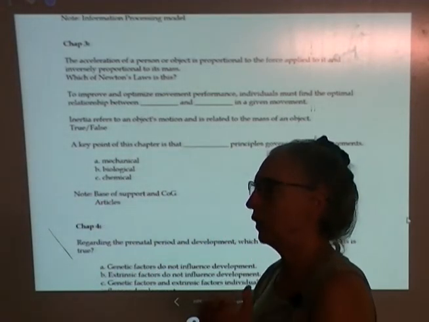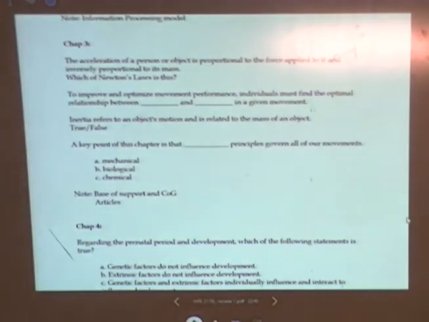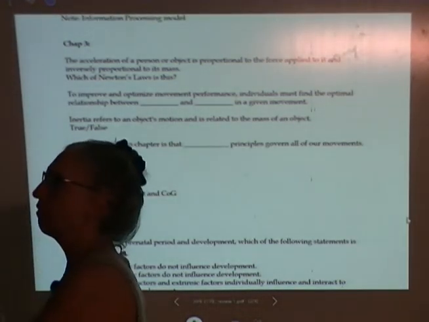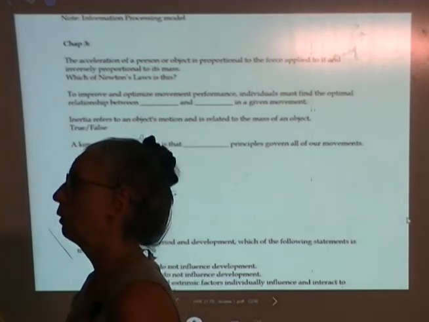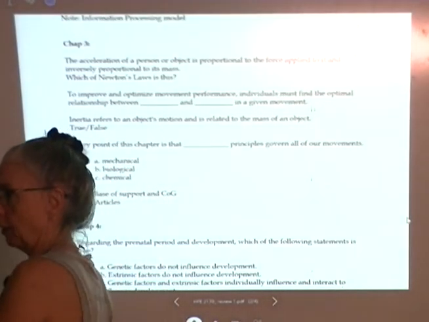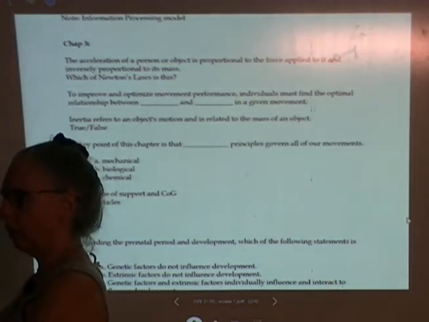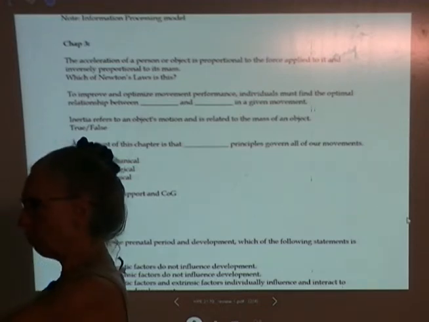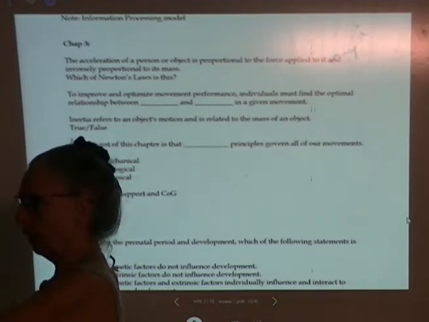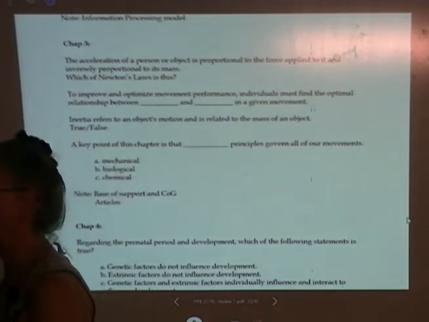Speed and accuracy. Right, so we have a speed-accuracy trade-off. The faster I go, the less accurate I am. The more accurate I'm trying to be, the slower I am. And so in many skills, as with force and distance, we have to find a balance between speed and accuracy, especially if you look at something like hurdling, for example.